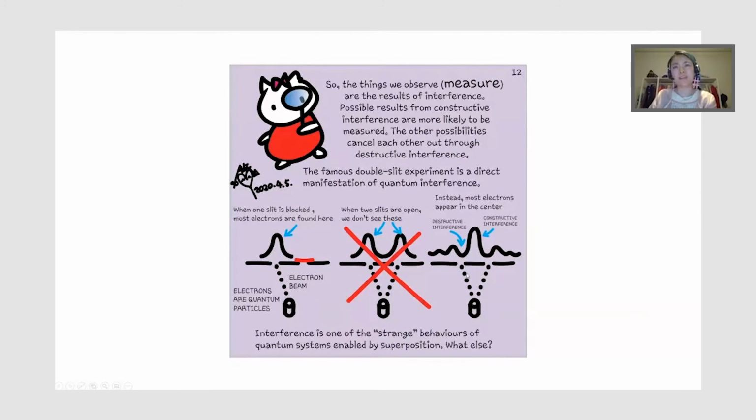What happens is that these two beams interfere with each other. And there could even be destructive interference very close to where the slits are, and you see a dip. And in the center, where they have constructive interference, you will see most electrons. That's really cool. That is a direct manifestation of quantum interference. And we conducted an experiment to discover this.